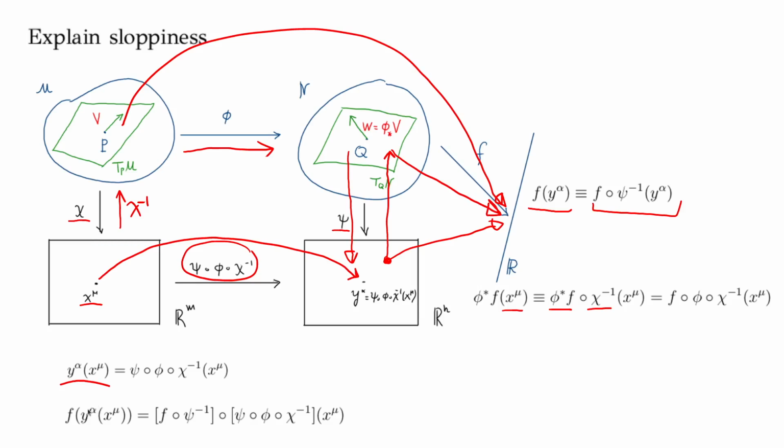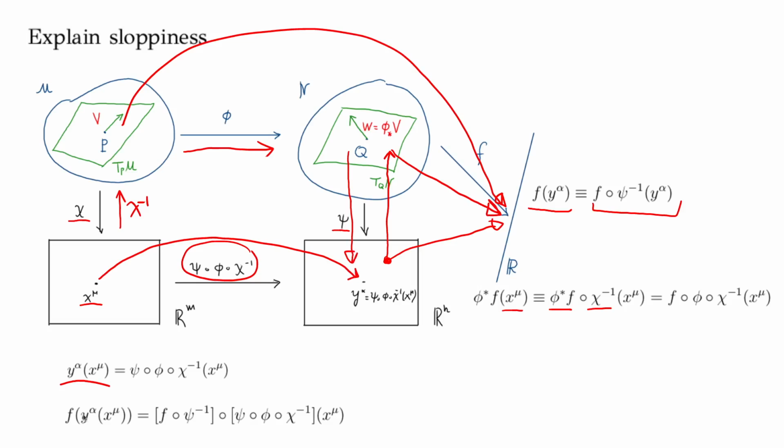Another function that it will be useful to consider is the function f of y alpha of x mu. Here I'm a little bit sloppy in the notation, and by this notation I actually mean this. I start from the coordinates x mu, use the inverse of chi to go to the point P, then I use phi to go to the point Q, then I use psi to go to the coordinates y alpha.